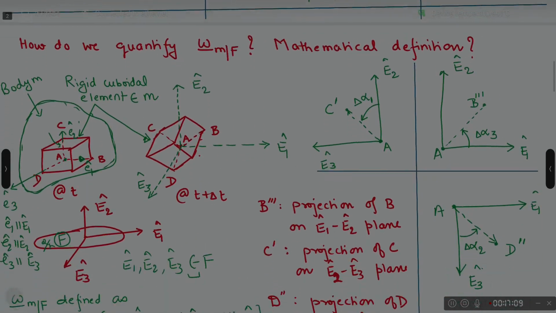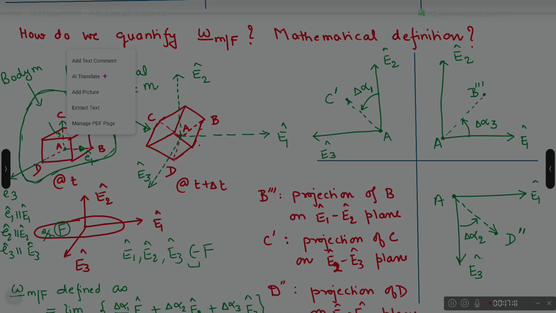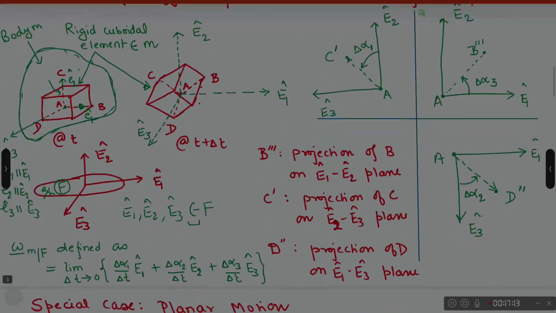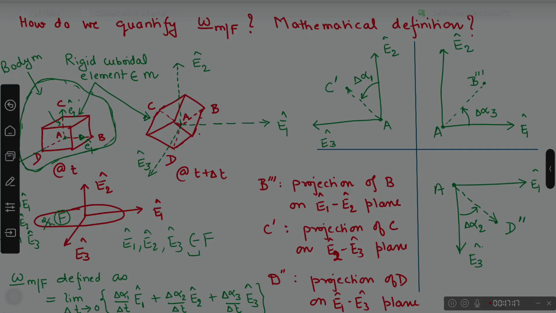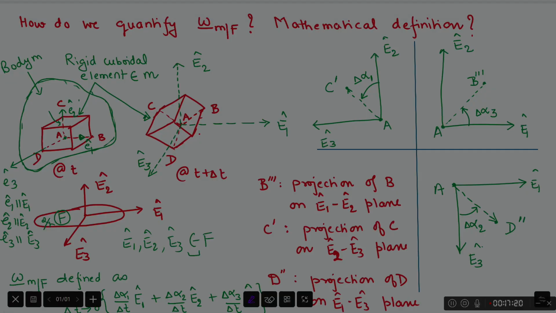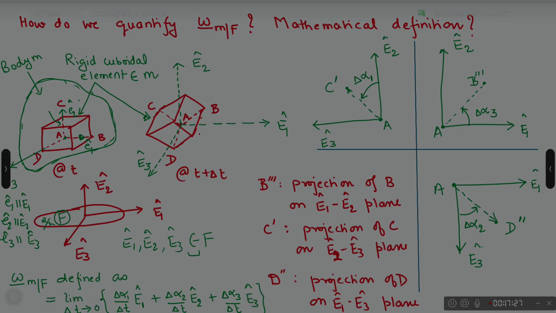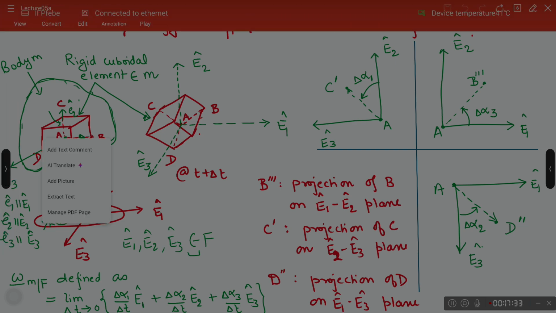If omega mf is not equal to 0, how much should it be? Let's address this question now. What is the precise mathematical definition of omega mf? We have a sense of the physical understanding by now, and we now want to quantify.